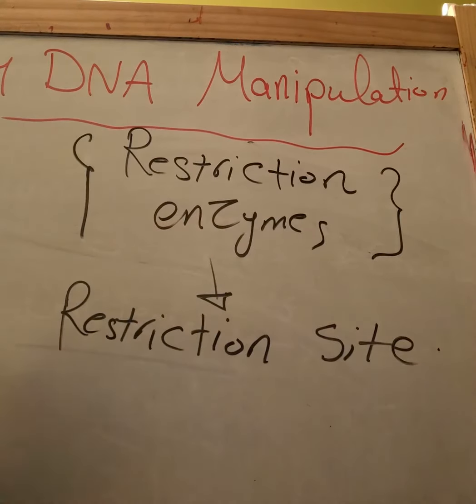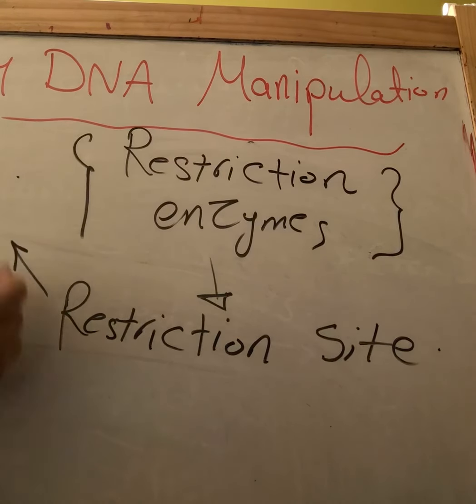One enzyme can cut at a site, let's say A, T, T, C, others C, G, C, G, C, A, and so on. So different enzymes have different restriction sites. The site is composed of a nucleotide sequence, and the nucleotide sequence ranges from 4 to 8 nucleotides.